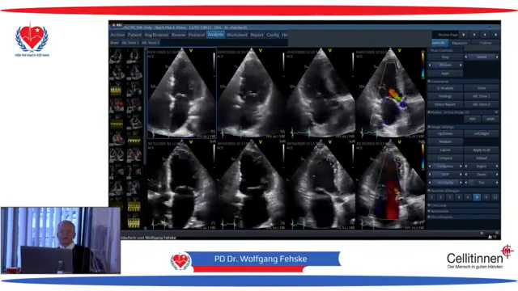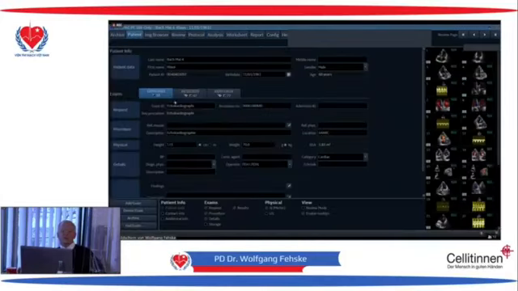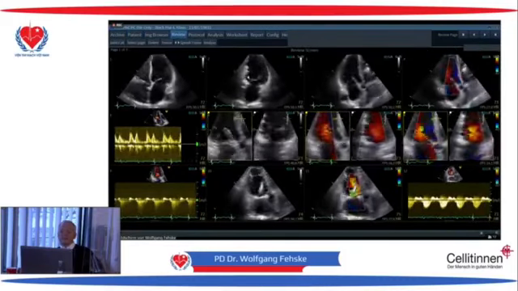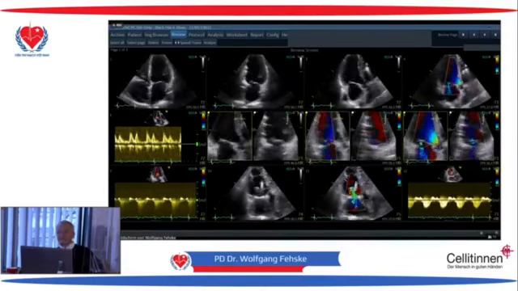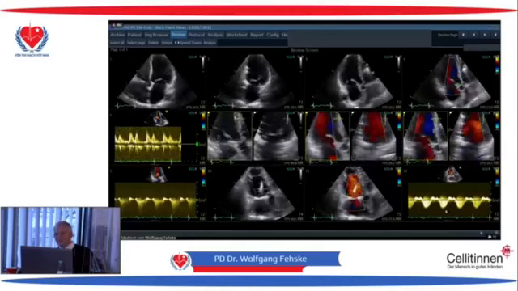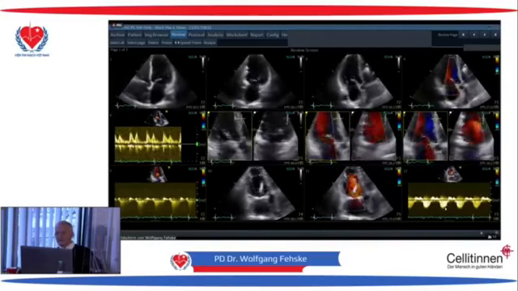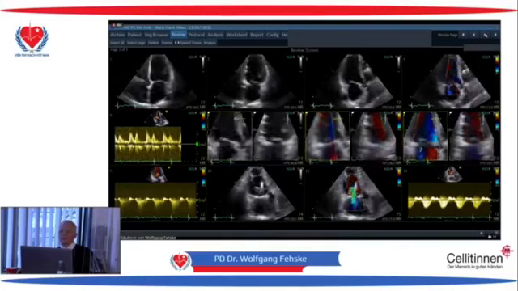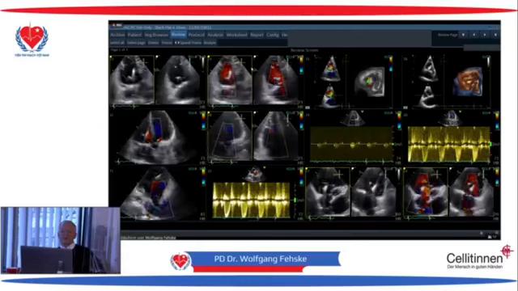And when you then look for the right ventricle, as we saw it before, then you can directly see that there is a relatively tiny regurgitation. The regurgitation flow is not any longer triangular. This is round shaped. And so we have the impression that the patient has really profited from what has been done by the surgeons.